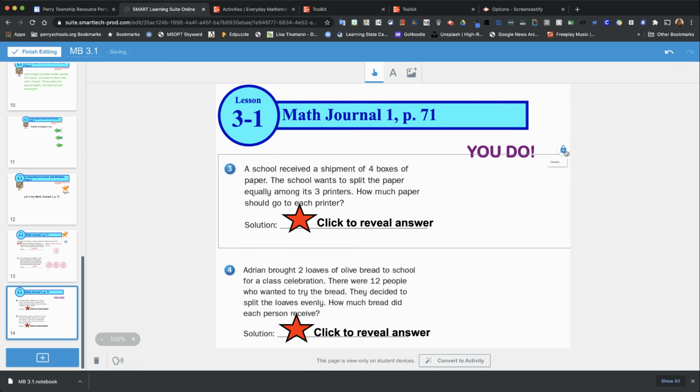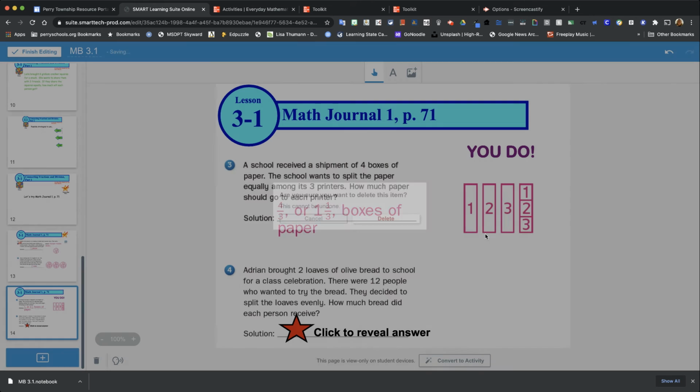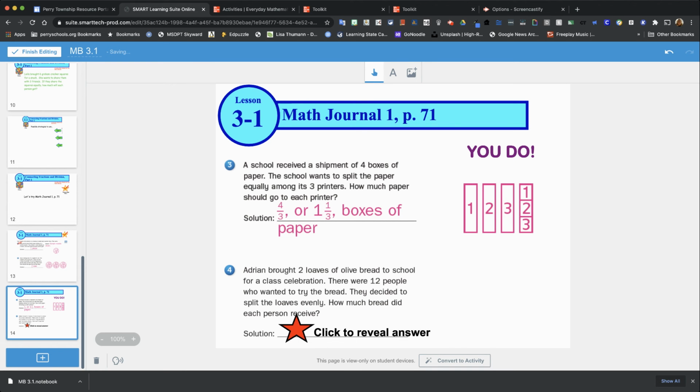As for the paper for the printers, 4/3 or 1 1/3. You can see the picture here. They drew out 4 boxes of paper, and they gave each printer 1 box, and then they had that 1 left over, giving it 1, 2, 3.